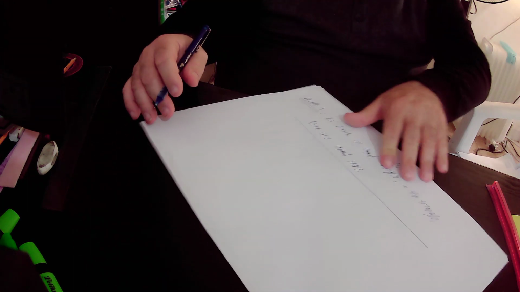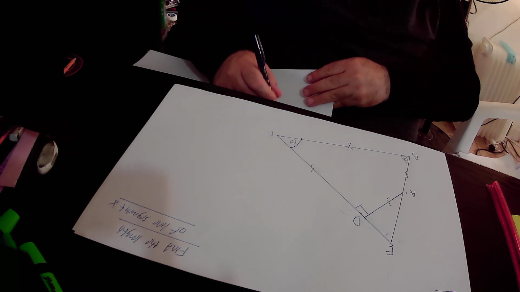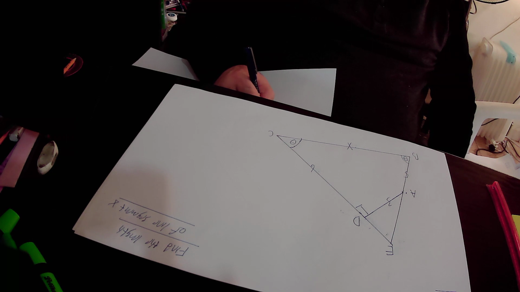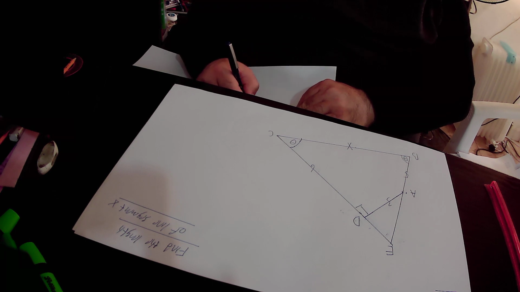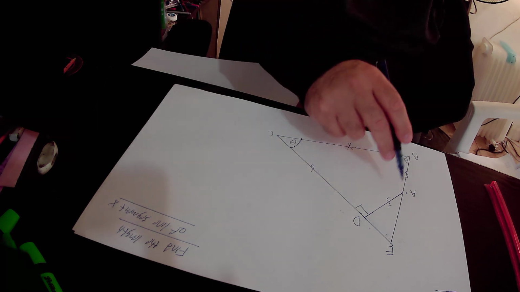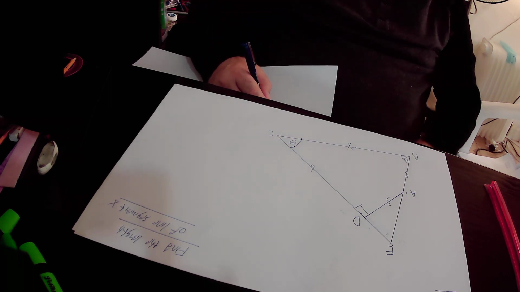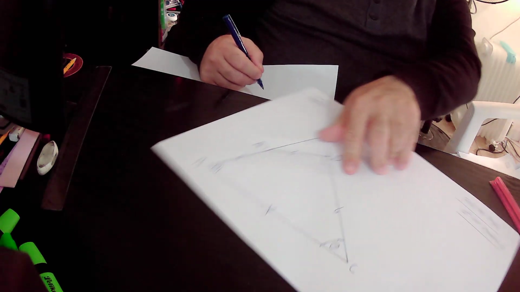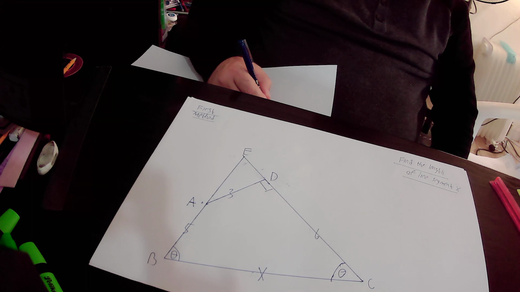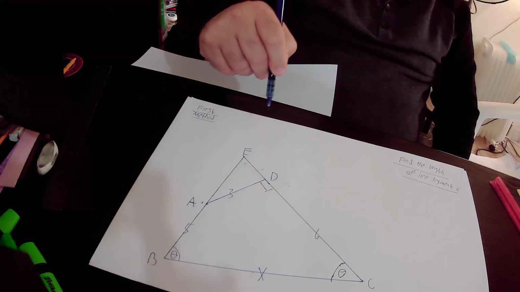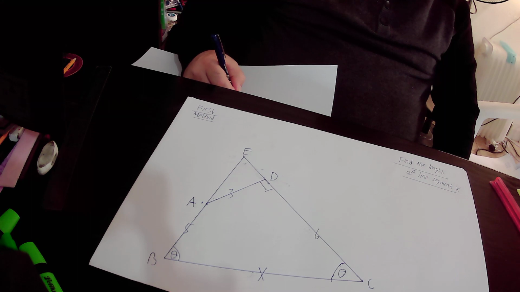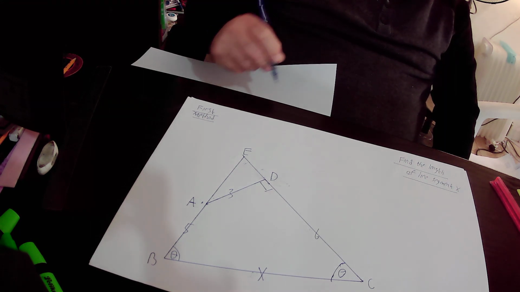So here in triangle EBC, we know that angle EBC equals angle ECB, and they are both equal to theta.